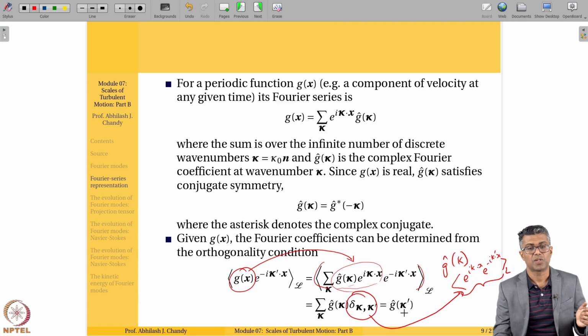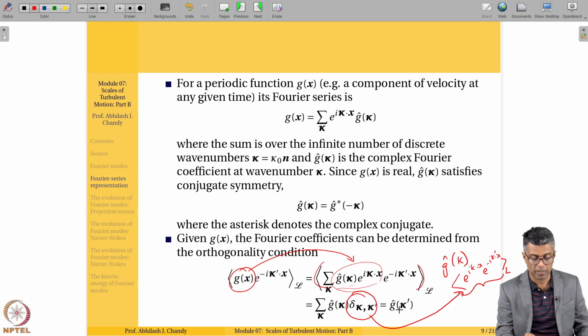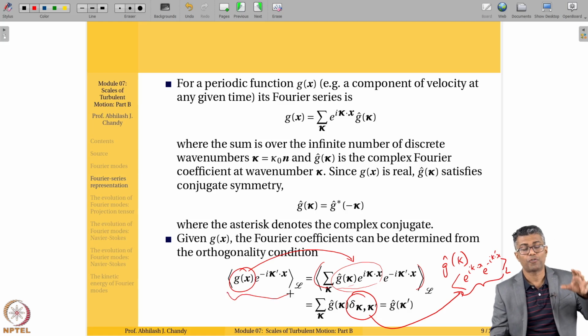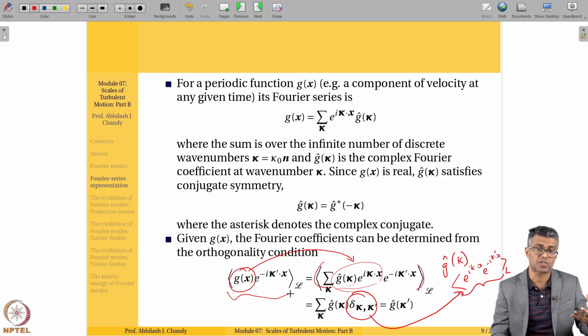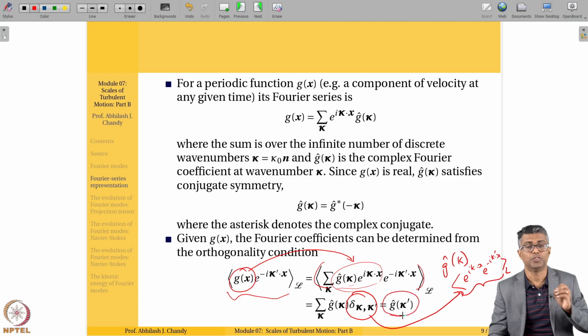So what we have shown here is that the volume average of a physical space variable like g of x multiplied by e to the minus i kappa prime dot x gives you the Fourier mode of g of x. That's what we are showing.